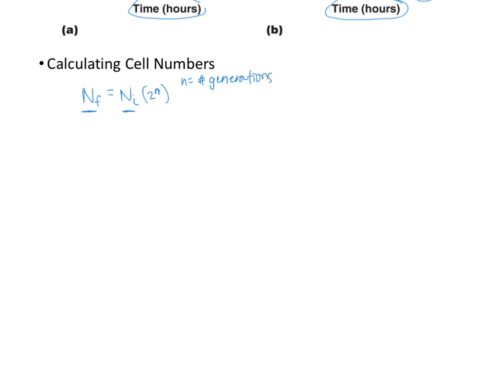If you know the generation time, you can calculate your final number of cells, and if any one of those variables is what you didn't know, you could figure that out. We are not going to worry about making a calculation like that. But if numbers aren't too big, you can also think through a guess of how many cells you're going to have without using this equation.